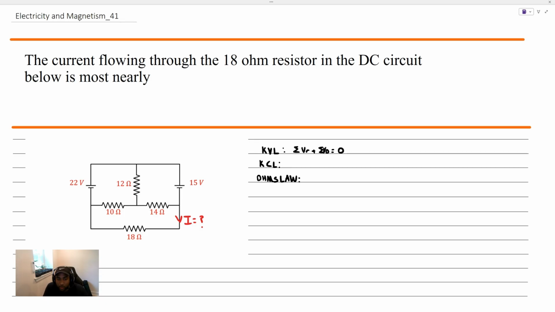What about Kirchhoff's current law? It says that when you're analyzing any node, the current into that node must be equal to the current out of that node, where in and out have differing signs and their sum will be equal to 0.